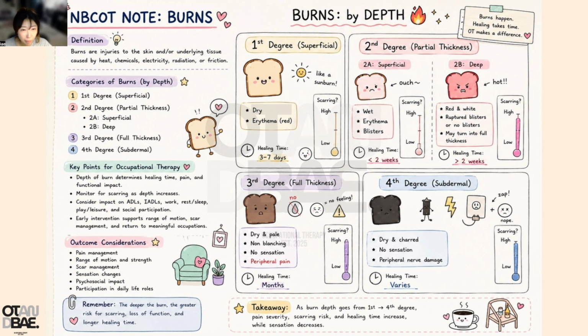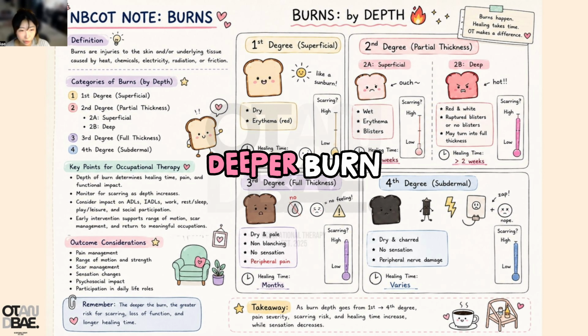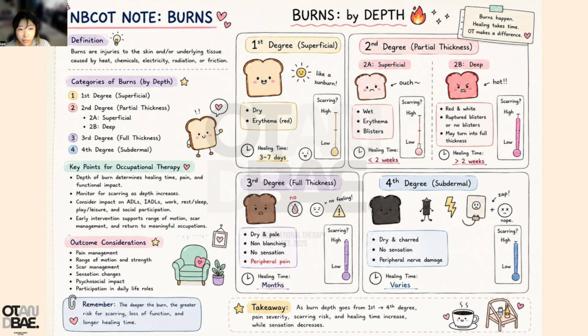Our brains remember stories and images much better than randomness. So every time you see Toasty getting darker, I want your brain to immediately think deeper burn. And if it's a deeper burn, what happens? Healing takes longer, scarring becomes more likely, sensation changes, OT intervention becomes more complex. One picture helps you remember four different concepts.